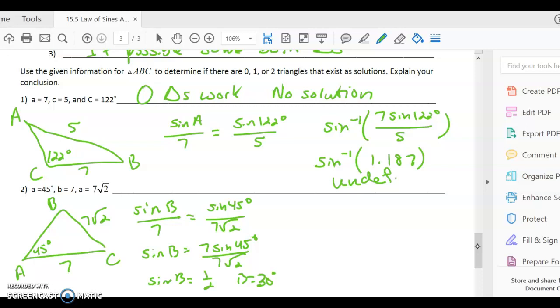Now the question here is, could angle B be obtuse? Because that's the next step. Could angle B geometrically be obtuse? And the answer is no, because B has to be smaller than angle A. So therefore there is no second triangle. We know there's one triangle. Angle B must be acute.